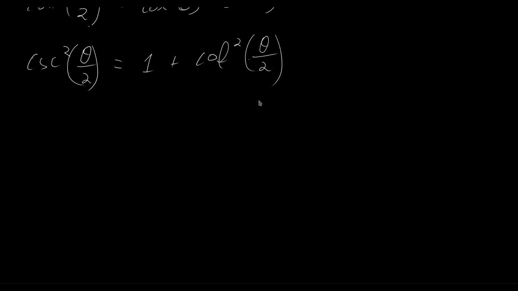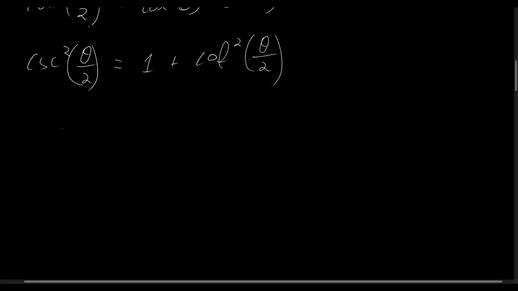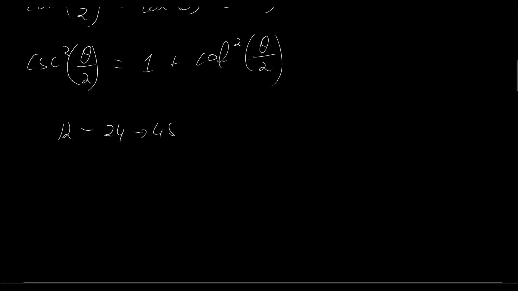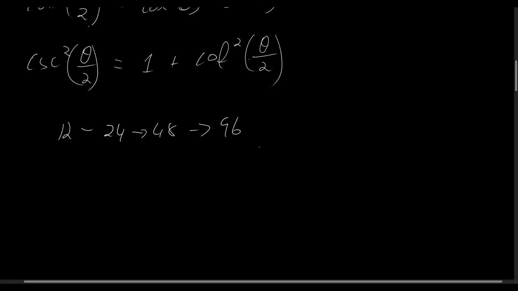So from a hexagon, he went to a 12, to a 24-sided polygon, to 48-sided, and finally to a 96-sided polygon that circumscribed and inscribed the circle, giving a good lower and upper bound of pi.